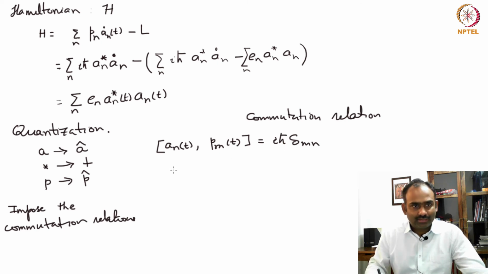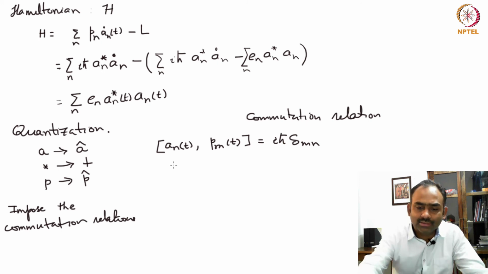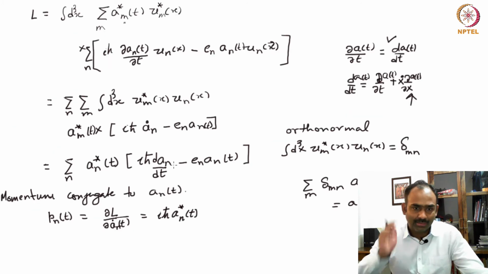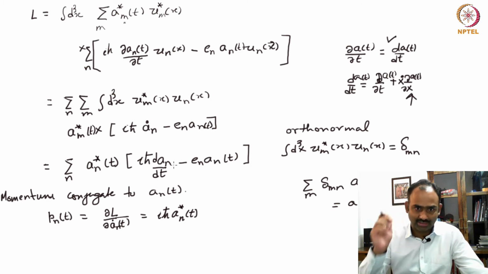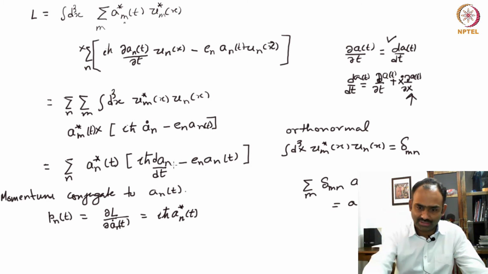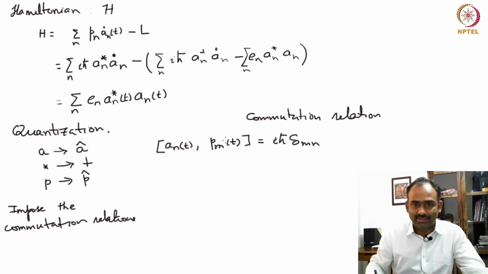Now let's see what Pm was. So I go back. Pm is iħ am star, which becomes am dagger. So iħ am dagger. That iħ factor I can pull out, it comes out of the commutator.